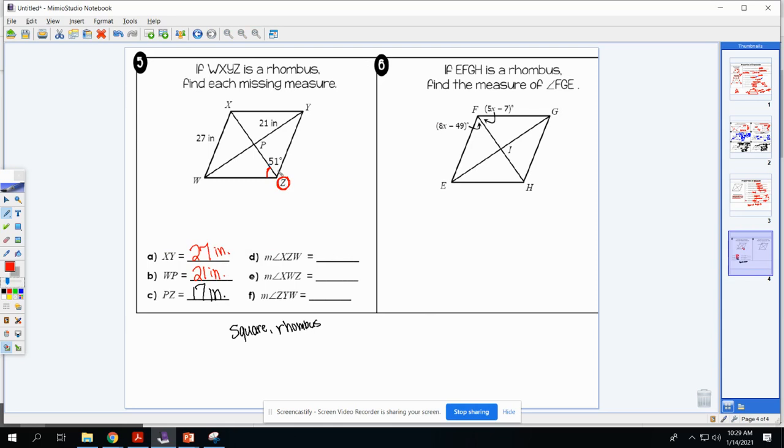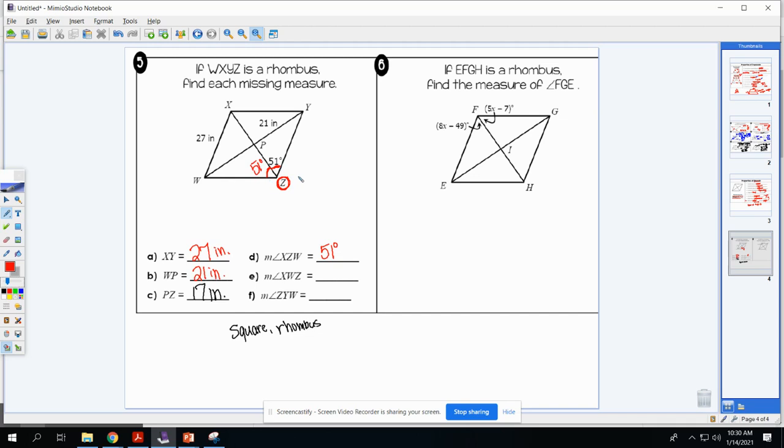Well, this angle Z, our full angle here, was cut in half. So that means that part of the angle is congruent to the other part of the angle. So if one side is 51, the other angle must also be 51. So we actually know that both of these are 51.